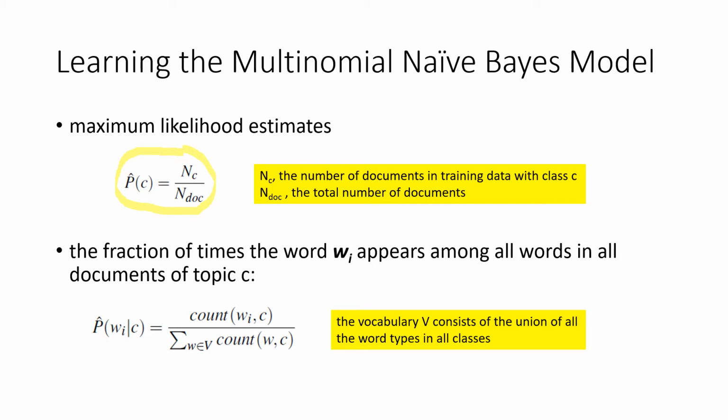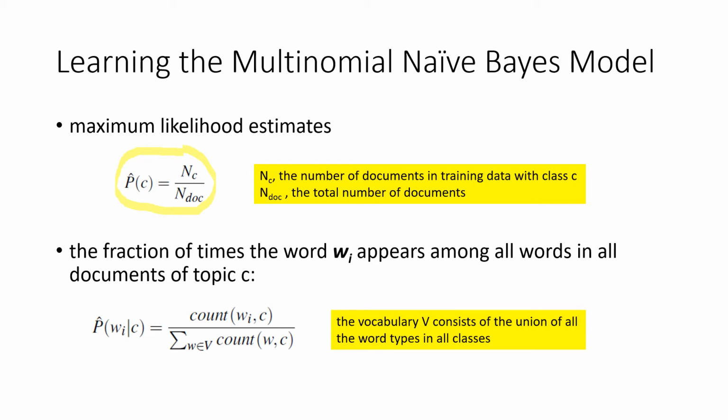To learn the probability of feature given the class, we'll assume a feature is just the existence of a word in a document's bag of words, and so we'll want P of Wi given C, which we can compute as the fraction of times the word Wi appears among all words in all documents of topic C. We first concatenate all documents with category C into one big category C text.